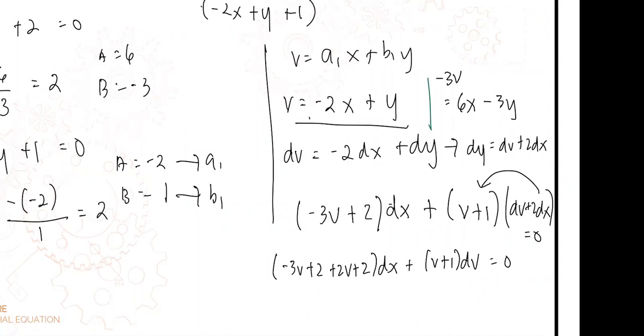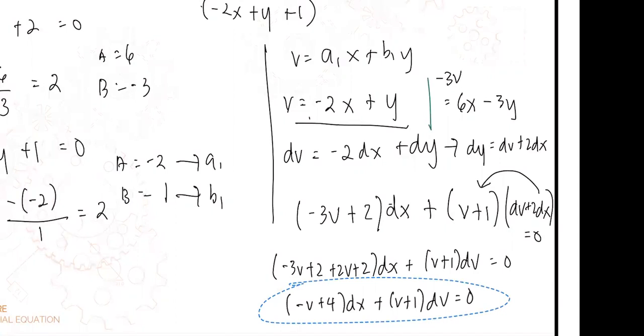Then yung sagot natin will be (negative v plus 4) dx plus (v plus 1) dv is equals to 0. So mapapansin nyo, separable na yung given equation natin. No? So mas mabilis yung transformation natin kaysa sa homogeneous equation.